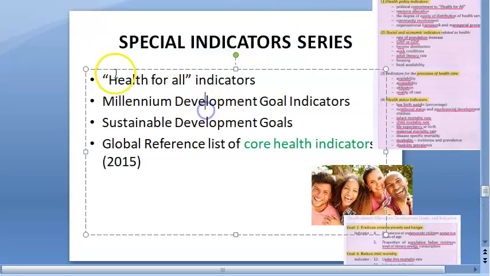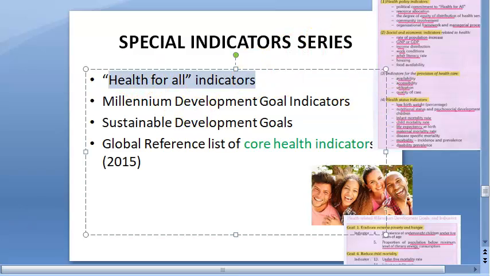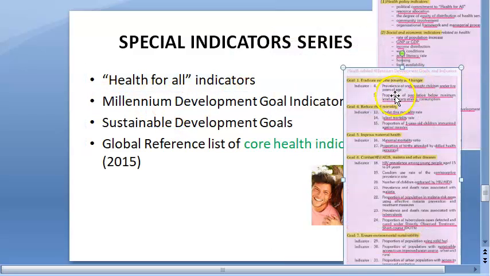Special indicators: we saw health for all indicators, where you saw policy indicators, socio-economic indicators, indicators for provision of health care, right? Then finally, health status indicators. Similarly, Millennium Development Goals: goal 1, they want to eradicate extreme poverty and hunger. They want to reduce child mortality, improve maternal health, combat HIV, AIDS, malaria.